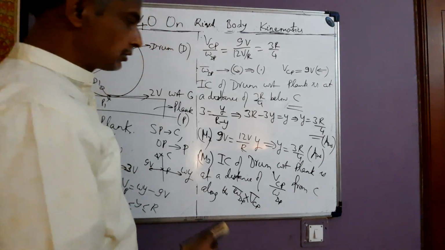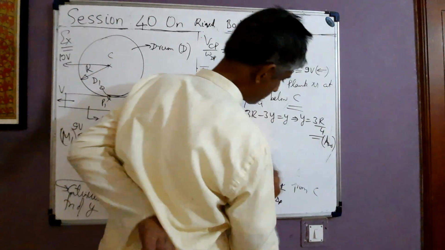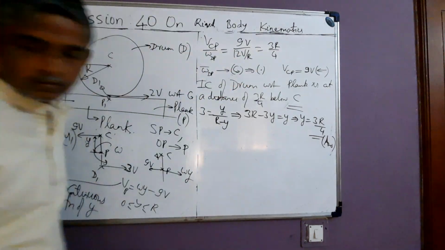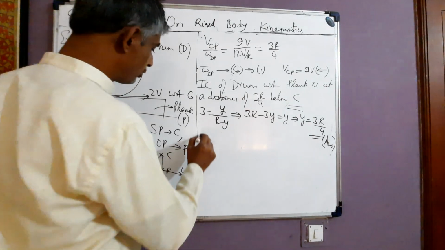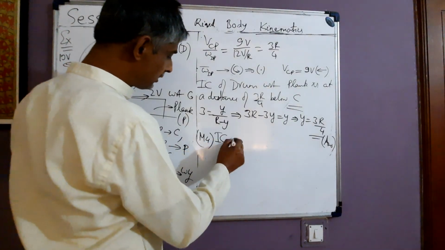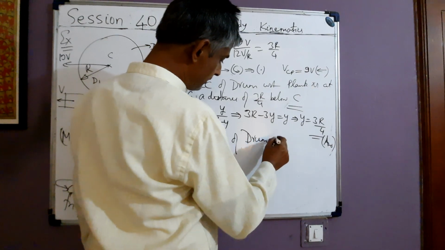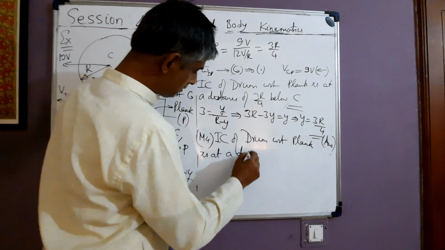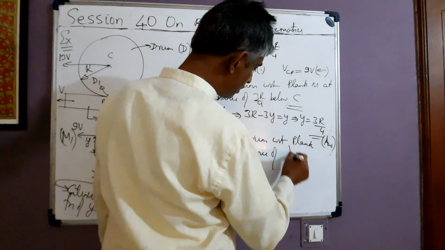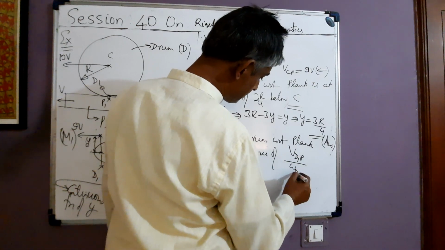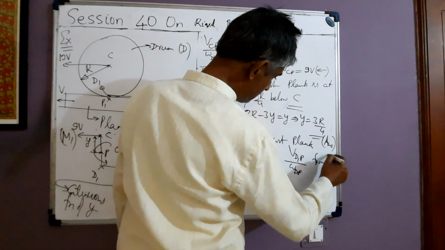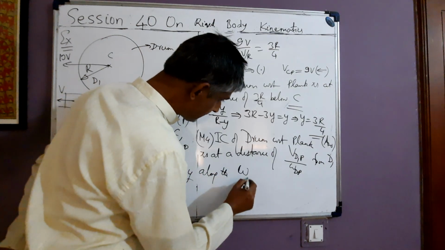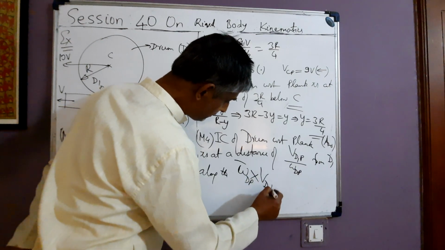Now I solve this question by method 4. The IC of drum with respect to plank is at a distance of V D1P by omega DP from D1 along the vector omega DP cross V D1P.